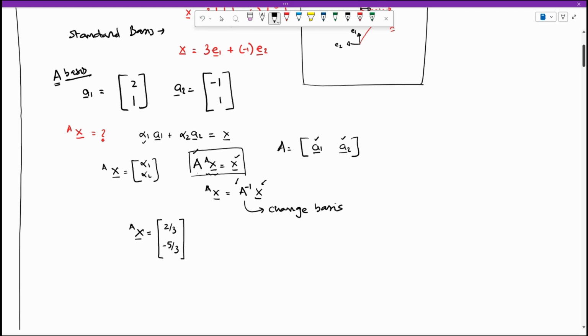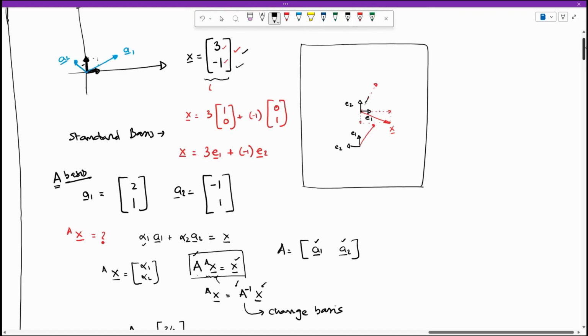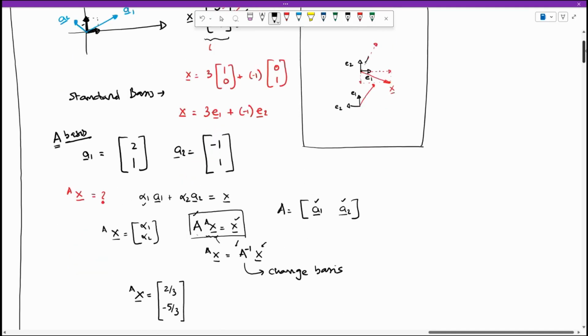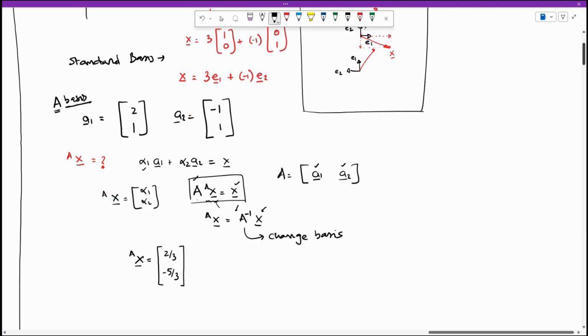How will you verify it? Yes, substitute for XA here and see if you multiply A with XA, you get X. I don't think it's correct.